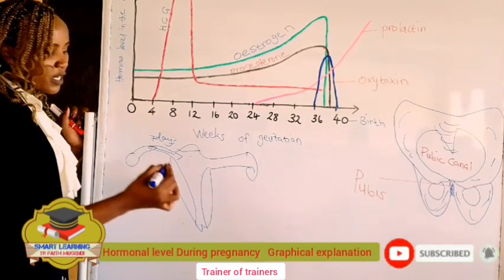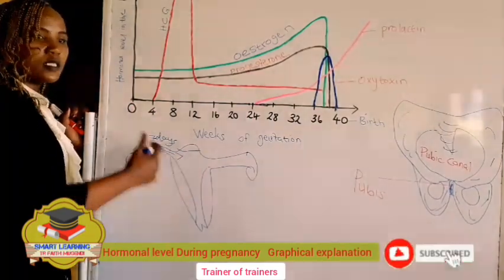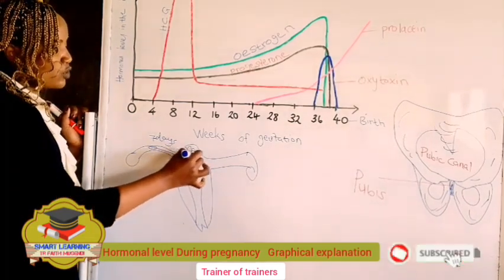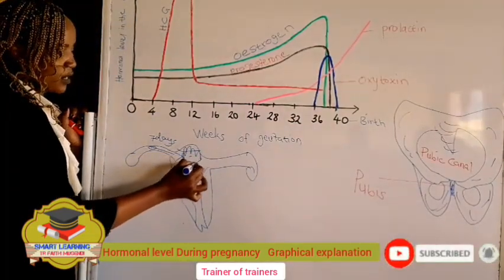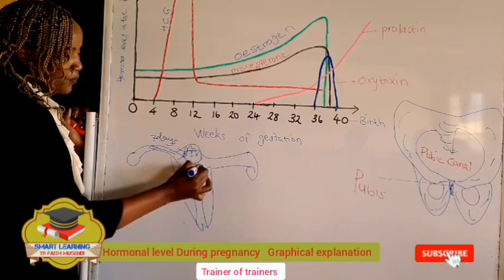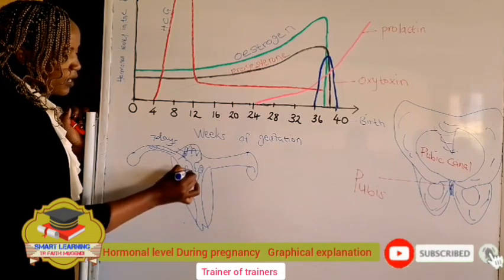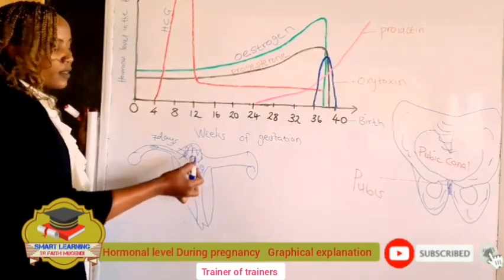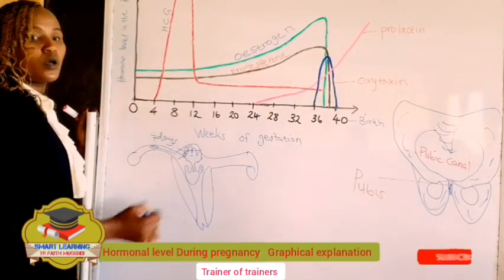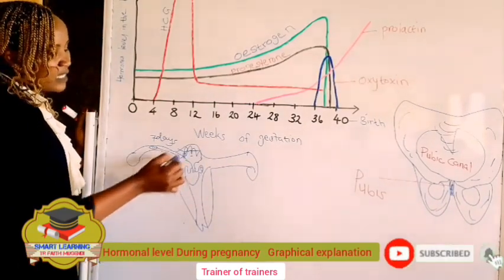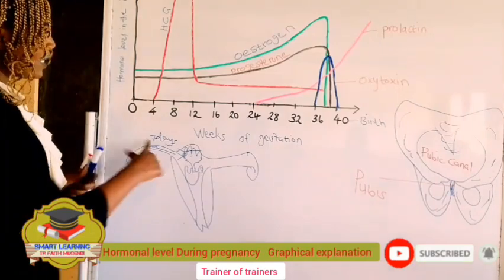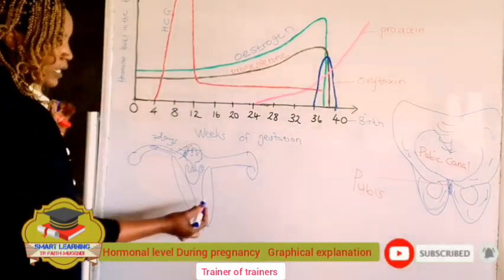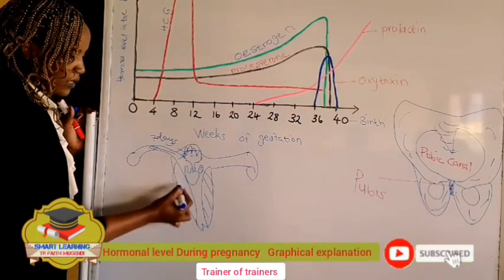The chorionic membrane has some kind of finger-like projections that burrow into the uterus. Okay? Assuming that is now the fetus, the placenta burrows into the uterus. But at this stage, that is 7 days, the placenta has no ability to sustain the walls of the uterus.